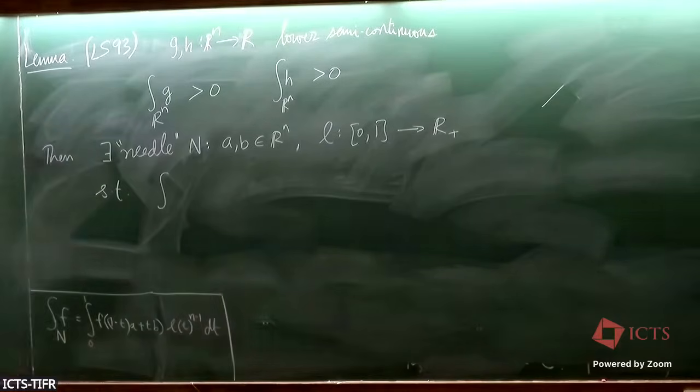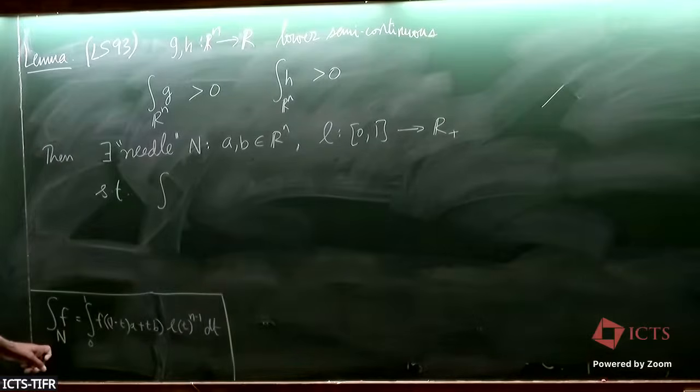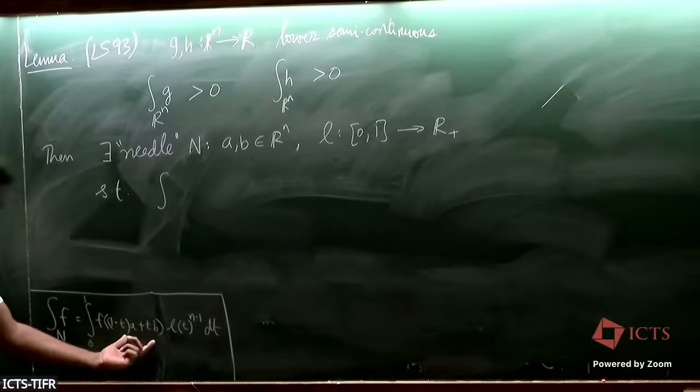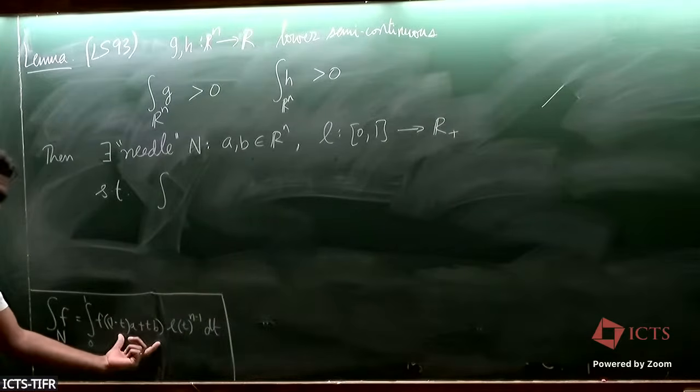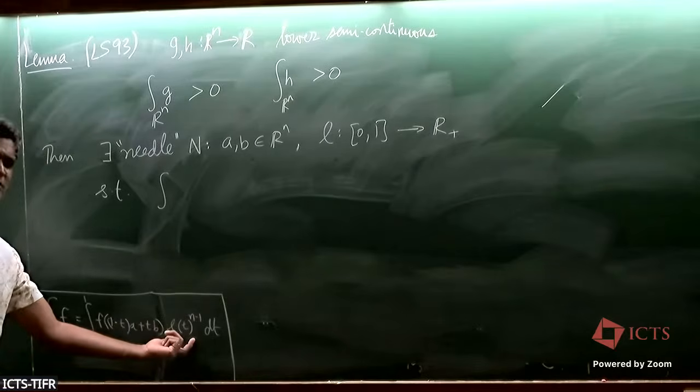This is the definition of the integral over a needle. You have 2 points a and b, you're going from a to b, you're just integrating along that line, except each point is getting weighted by this linear function to the power of n-1.